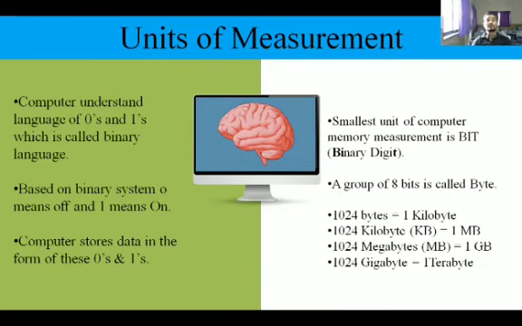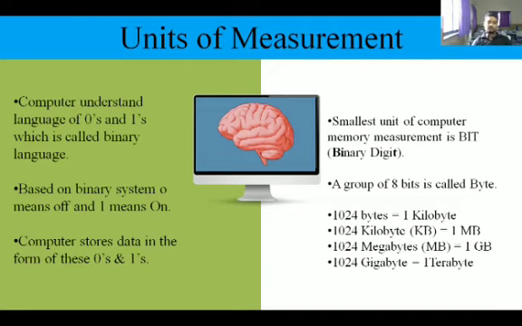That is why it is also called a binary memory system. Binary means it is saved in the form of 0 and 1. That is why it is also called the binary number system. Now, if we are discussing measurement, where our data is stored in the form of zeros and ones, what is the smallest unit of this measurement?